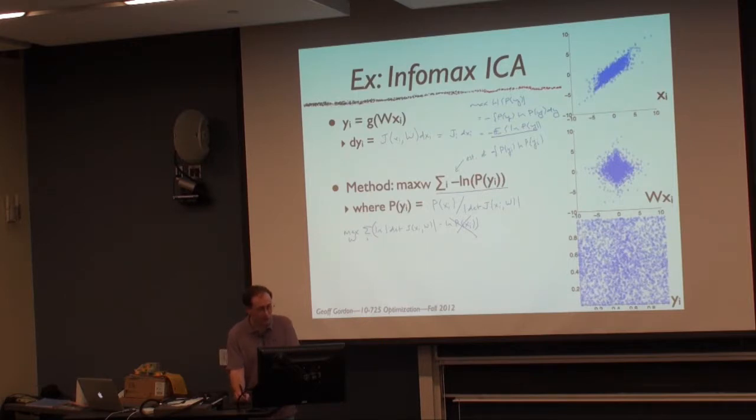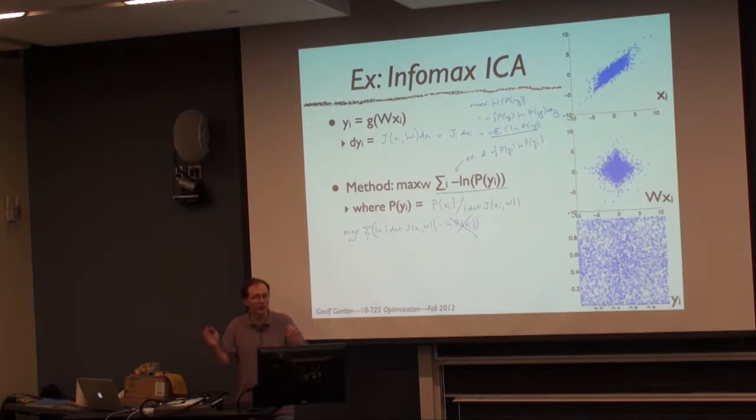And so for p of Y, now we get to use the volume rule. Because Y is a transformation of X, p of Y is p of X divided by the absolute value of the determinant of the Jacobian of that transformation. What that means is that if the Jacobian determinant is small, you're taking a large area in X and squeezing it into a small area of Y, so that small area of Y has high probability, and vice versa.